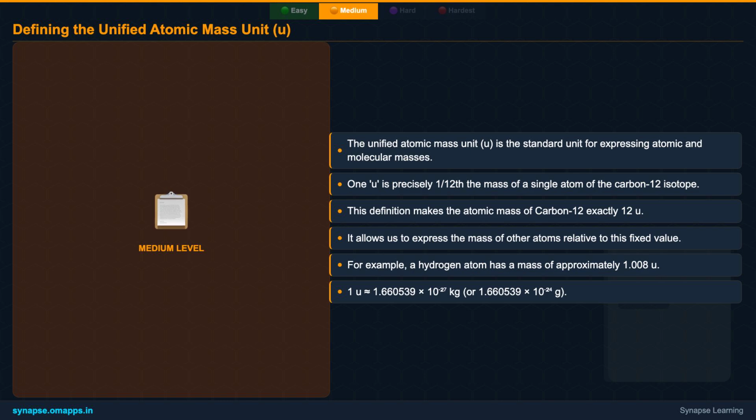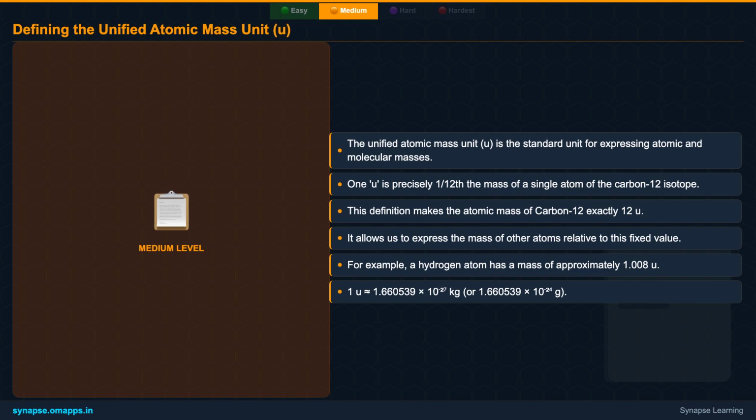It's not just a number, it's a fundamental unit. 1 U is exactly 1/12 the mass of a single atom of the carbon-12 isotope. This means that a carbon-12 atom, by definition, has an atomic mass of precisely 12 U. This standard allows us to express the masses of all other atoms relative to this fixed, highly accurate value.